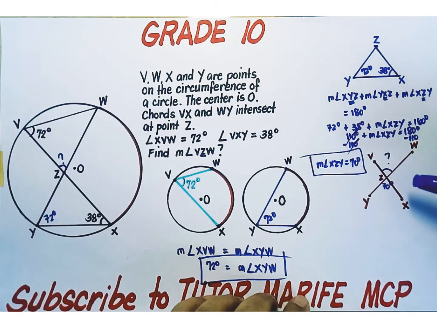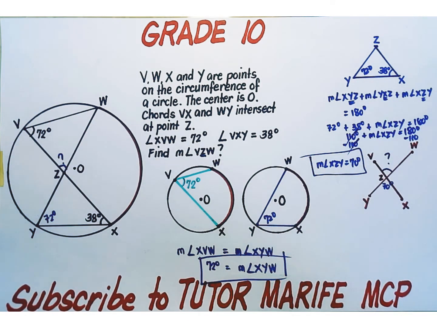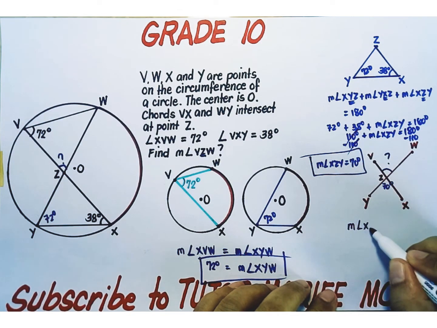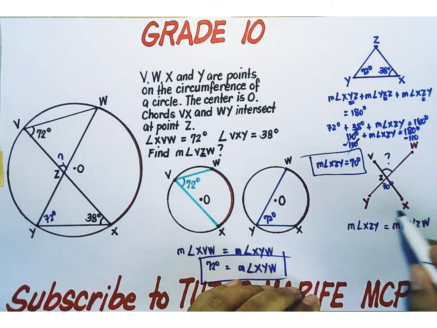The vertical angle theorem states that all vertical angles are congruent. When we say congruent, they are equal in measure. Let's write our equation. Measure of angle XZY is equal to measure of angle VZW.